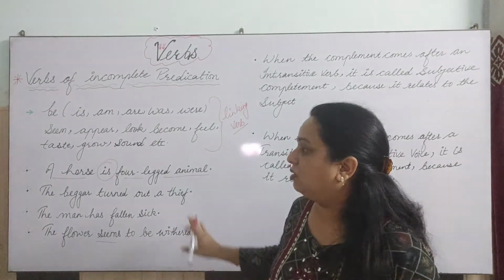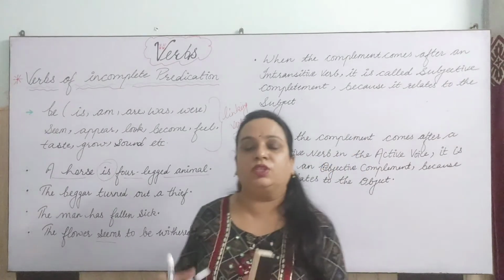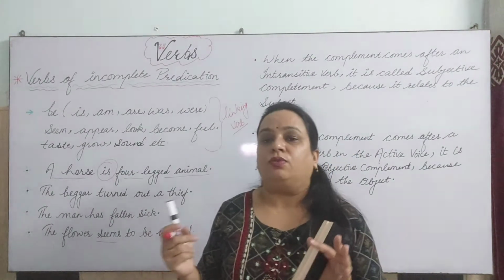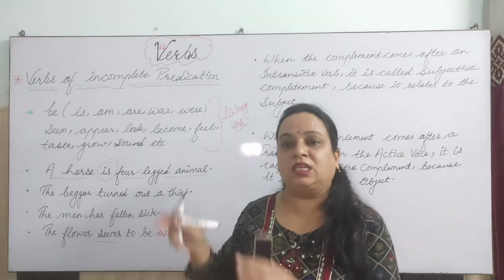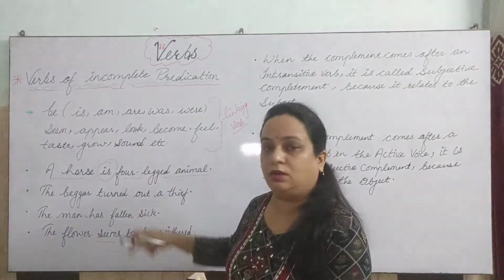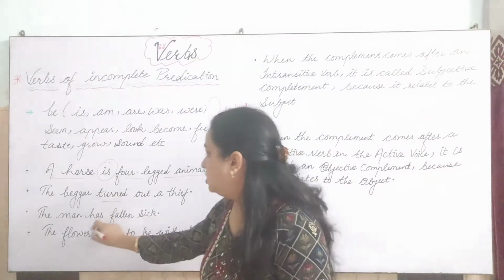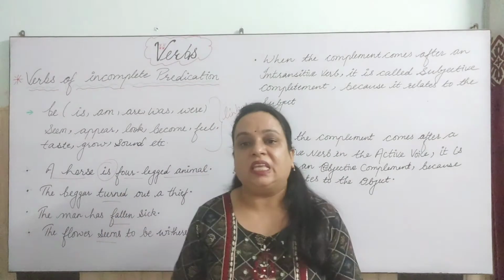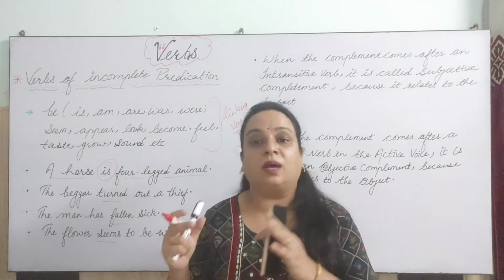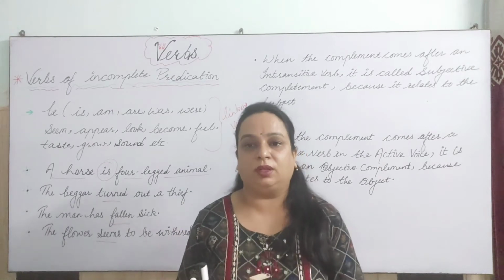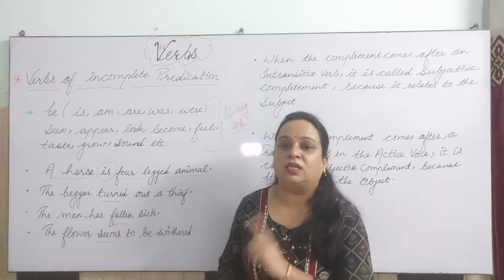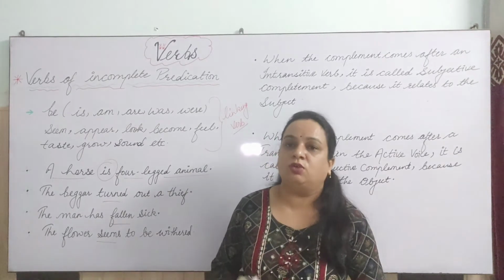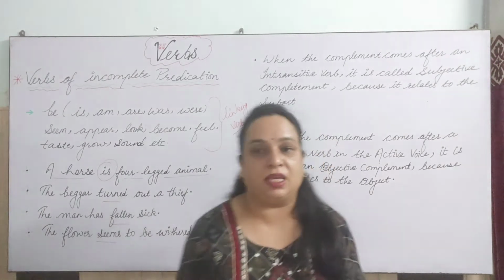These verbs we have used here, turned, fallen, seems, require something called the complement of the subject after the verb to make the sense complete. That is known as verbs of incomplete predication.